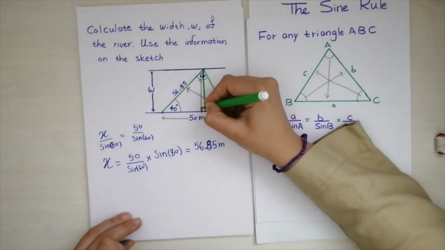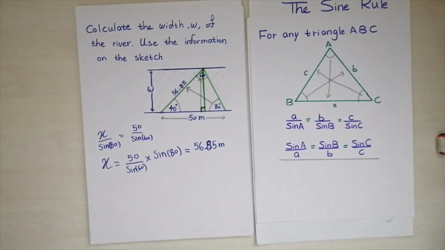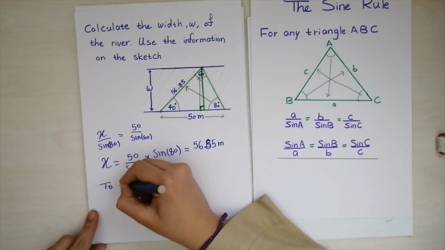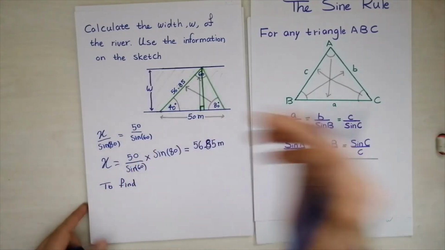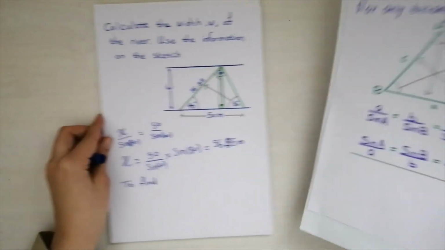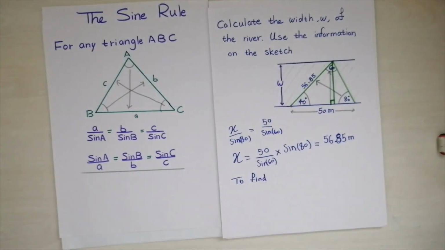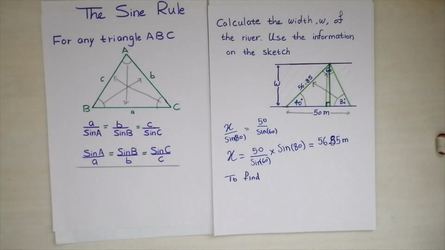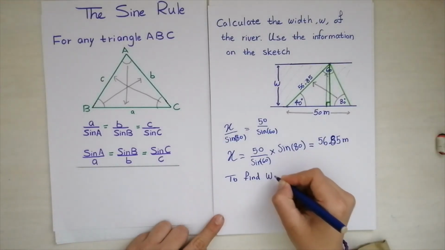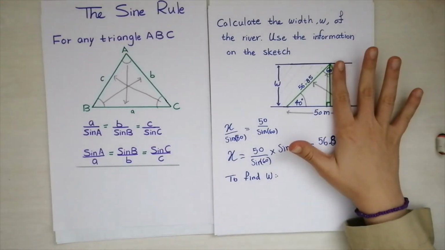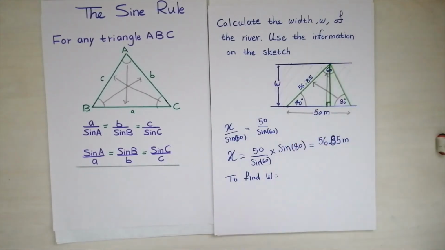And as we said, this is a right angle. To find W, this is W.